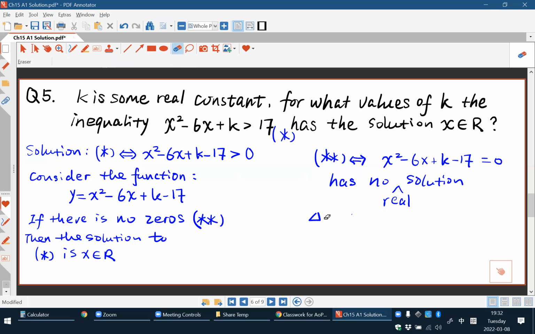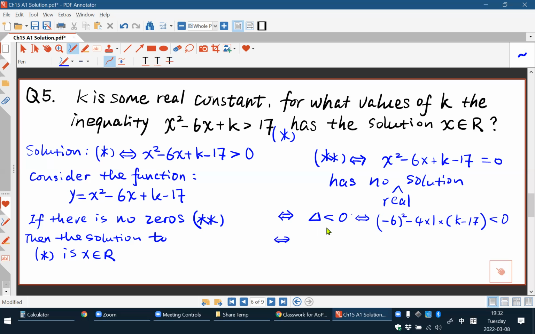Only when it's less than 0, there is no real solution. So this is equivalent to delta here must be less than 0. Only in this case, the solution is the whole real number set.